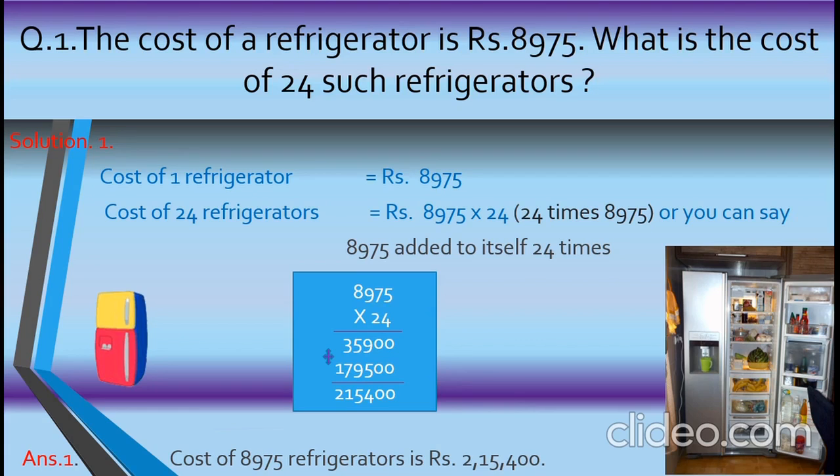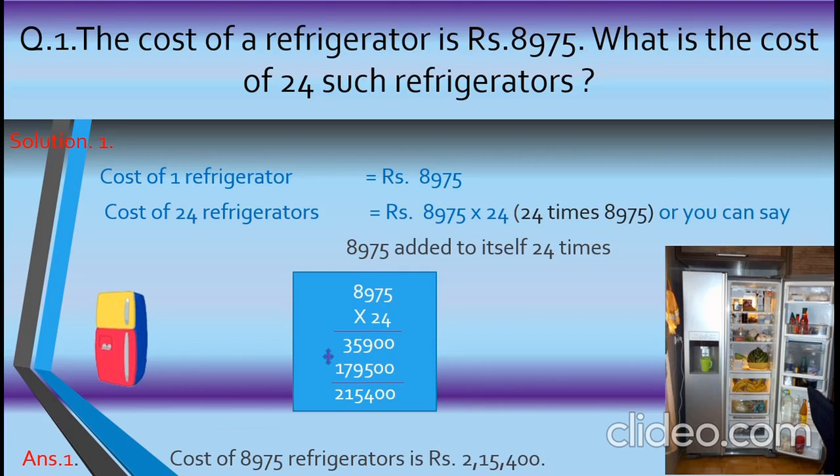So as per the informative sentence, cost of one refrigerator is equal to rupees 8,975. Now the second line, using the sentence of question, cost of 24 refrigerators. Now, how will you get this answer? You will think 24 times rupees 8,975 means multiplication.